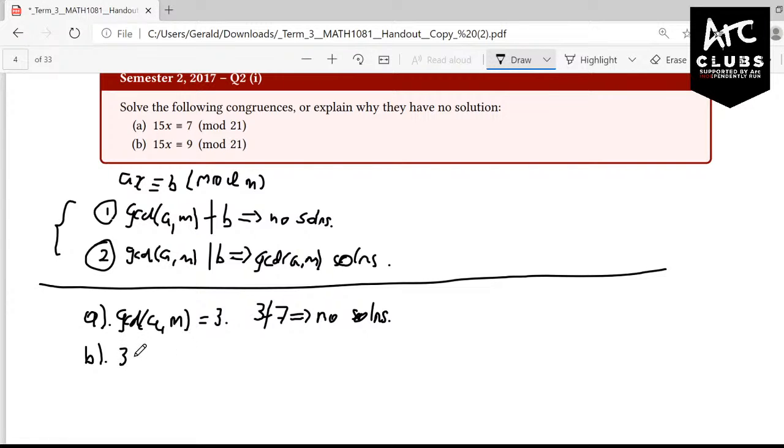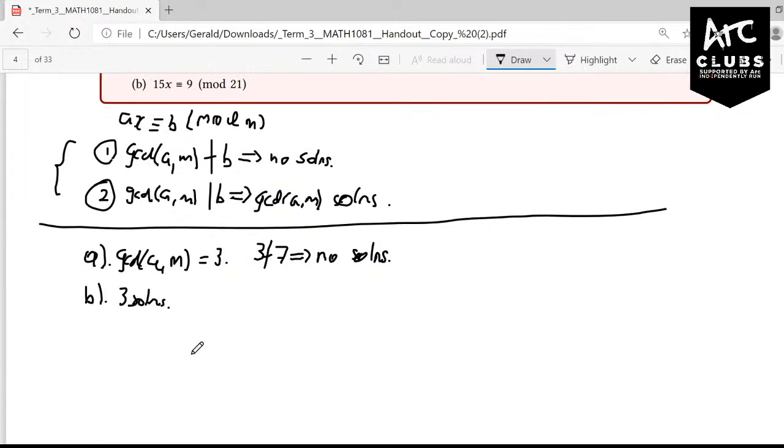So I'll write it here. We have 3 solutions, so we need to find the 3 solutions. If we divide every term by 3, we end up with the congruence 5x is congruent to 3 mod 7.